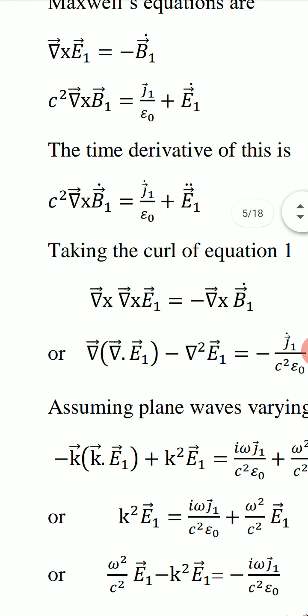And now the left-hand side is del cross del cross E1. We solve it by using the formula for A vector cross B vector cross C vector, which is A dot C times B minus A dot B times C. A dot C will give del vector dot E1 vector, times del vector, so we write del vector before this del dot E1.